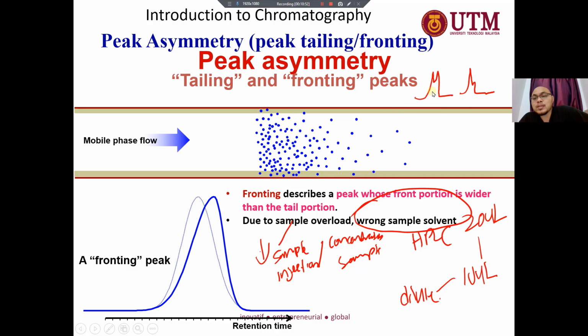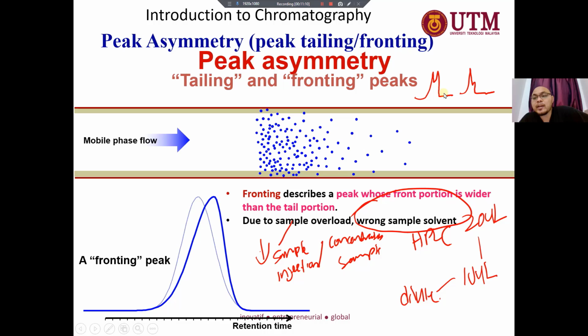If I encounter this problem, what I do is use the system mobile phase to dissolve or prepare my standard or my sample so that I can improve my chromatogram.